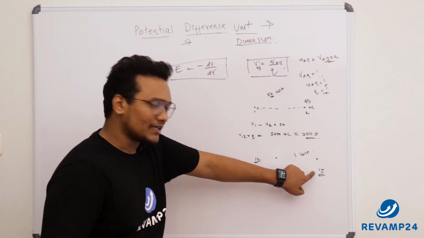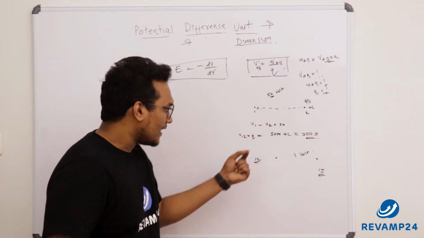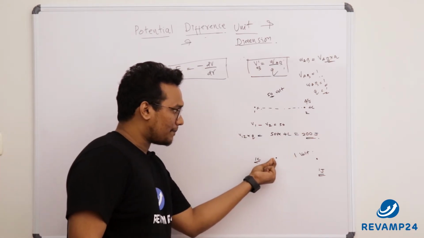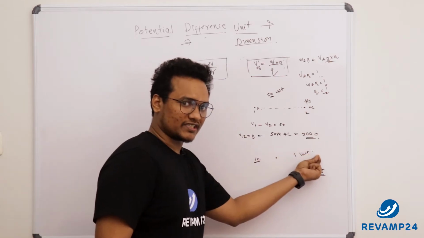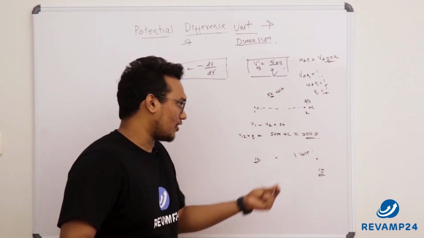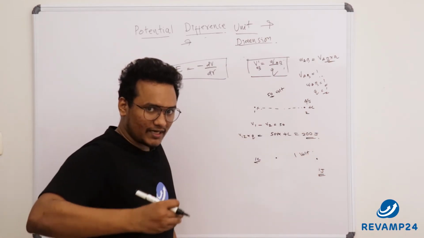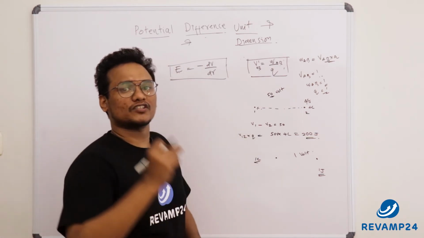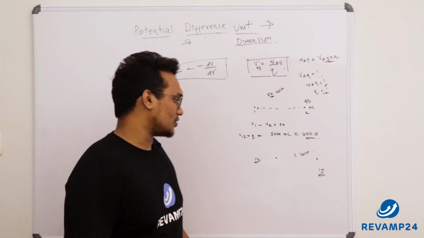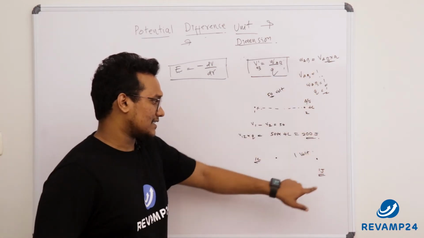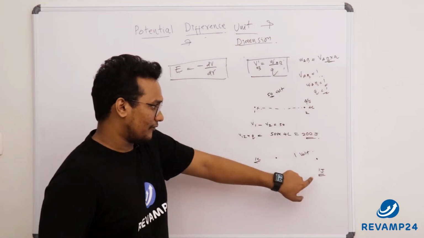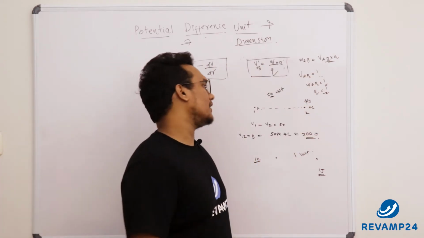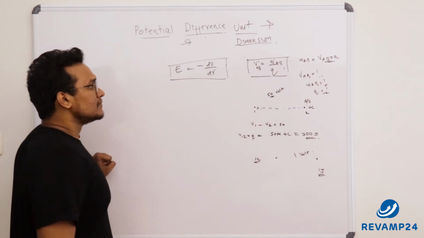So work done in moving a charge of 1 coulomb through a potential difference of 1 volt is 1 joule. With that relation we can define 1 joule, 1 volt, even 1 coulomb.